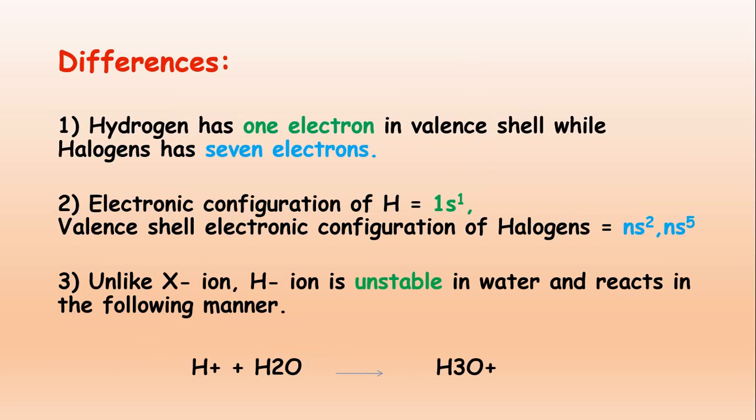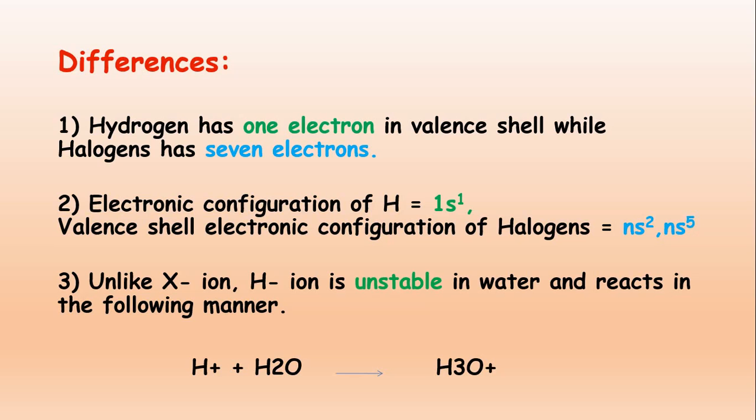This is the key difference. Difference number 2: the electronic configuration of hydrogen is 1s1, but the valence electronic configuration of halogens is ns2 np5, because they have 7 electrons, 2 plus 5 is 7. This is also a main difference related to electronic configuration.